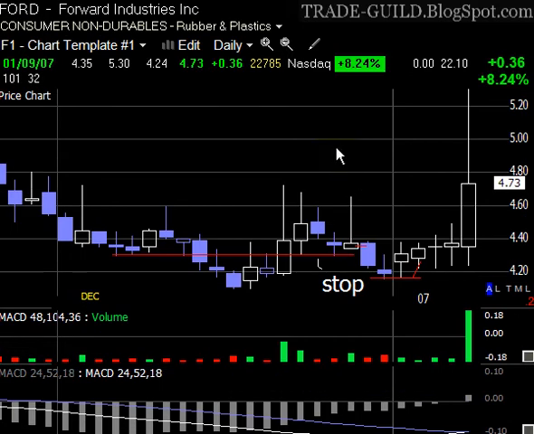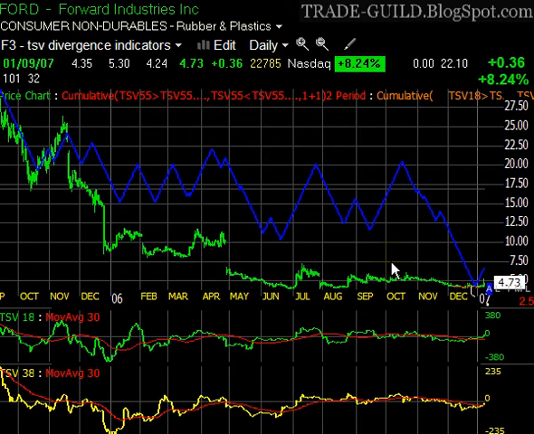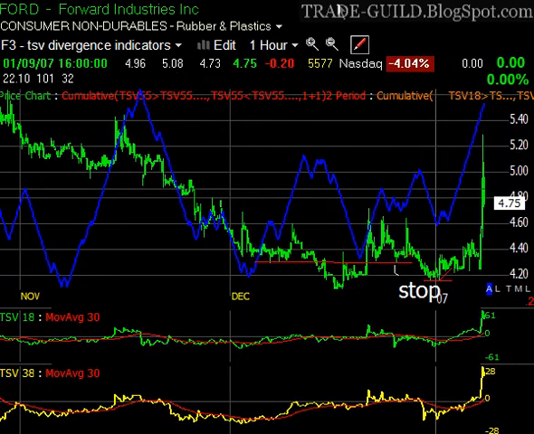I think FORD was mentioned on the blog Friday, December 29th, and it's basically up about 8.25% today on good volume. It was up, I think, as much as 15% earlier in the day. And on an hourly time frame, you can see that this thing has been building a really positive divergence here, and this is real interesting.